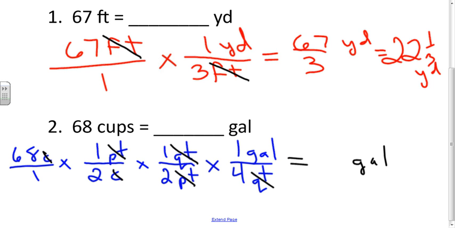Then I just need to multiply across here. 68 times 1 times 1 times 1, over 1 times 2 times 2 times 4, that's 16. And 68 over 16: 16 goes into 68 4 times. 4 times 16 is 64, so I've got 4 sixteenths left over, which reduces down to a fourth. So 68 cups is 4 1/4 gallons.